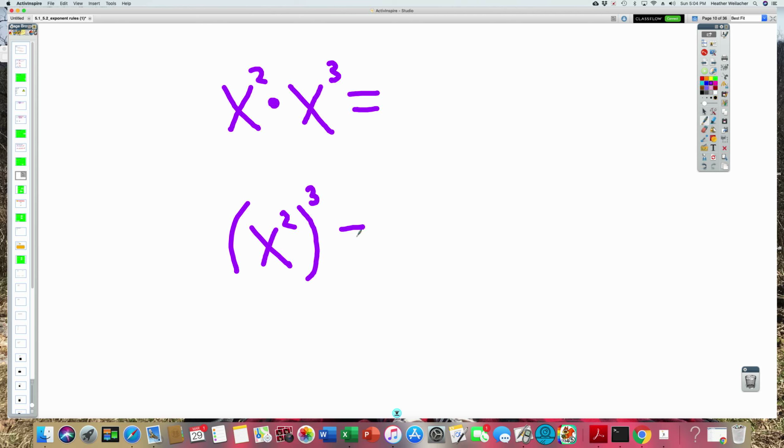If I had x to the 2nd times x to the 3rd versus x to the 2nd to the 3rd. I'm just clarifying the difference between the two now that we've seen both of these examples. This I would write out as x times x, this is x times x times x. So that is why I'm adding the exponents to get x to the 5th. The second example would be x to the 6th, because that is x squared times x squared times x squared.